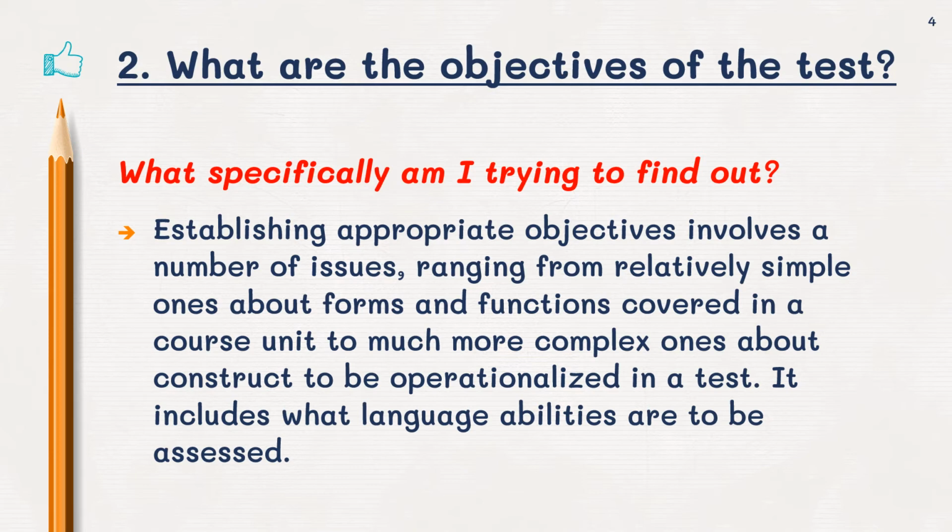It then includes what language abilities are to be assessed. So once we understand the objectives of the test, then we can have a very detailed understanding about what to test and to what specific level the test will be.